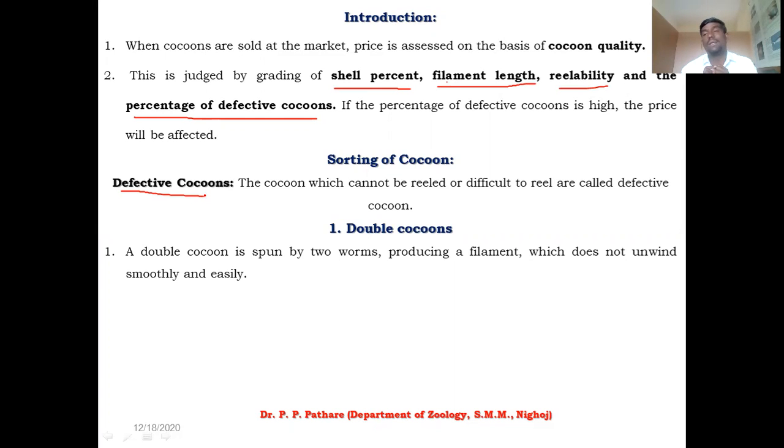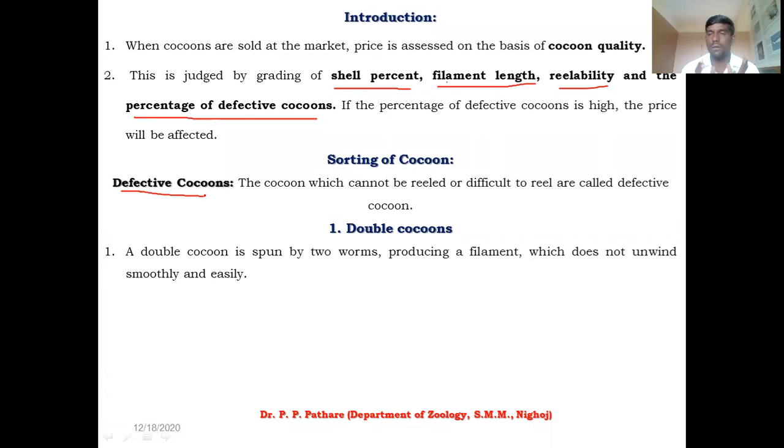With this double cocoon, it is very difficult to rewind or unwind their thread. So it's very difficult to rewind or unwind the silken thread. Such double cocoon is not produced in large quantity.